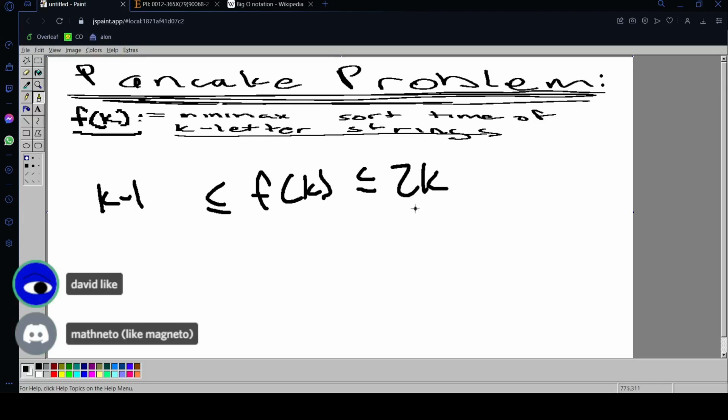Question, and this is irrelevant: if you wanted a really bad upper bound, could you say the maximum number of permutations of k is 2 to the k? No, the number of permutations is k factorial. That's the maximum number of permutations of length k.